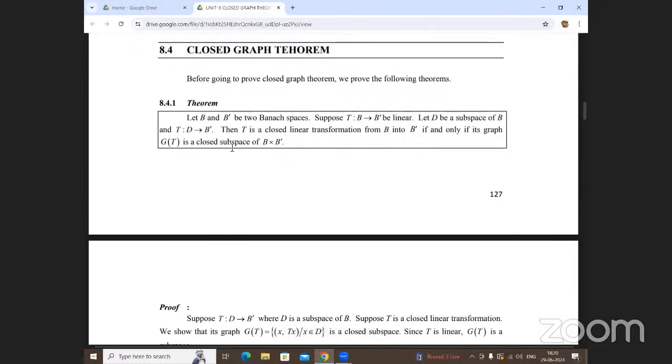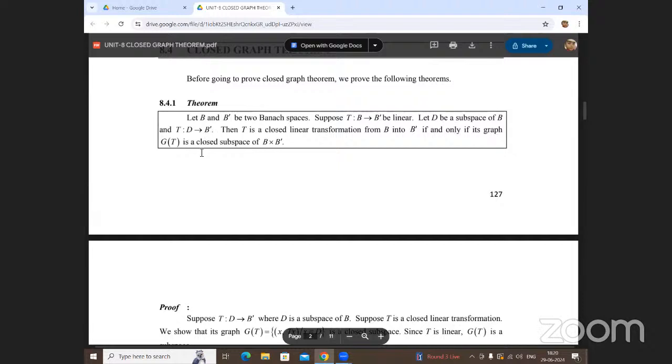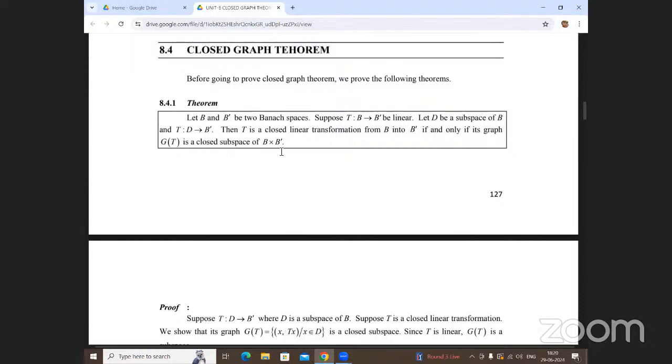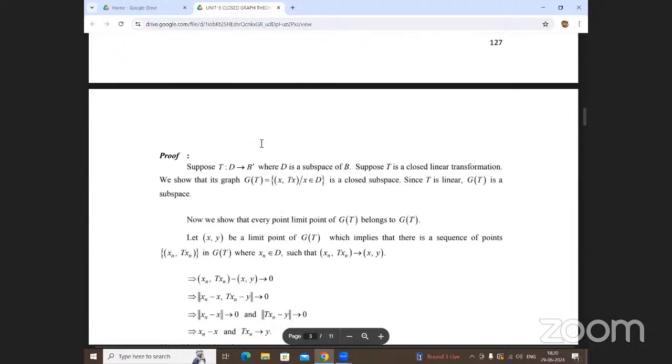The sufficient part is: when the graph is a closed subspace, then automatically the transformation is closed. So the transformation is closed if and only if the graph is a closed subspace of B cross B dash. There are two parts of the theorem, the necessary and the sufficient part, that is, the if and only if.